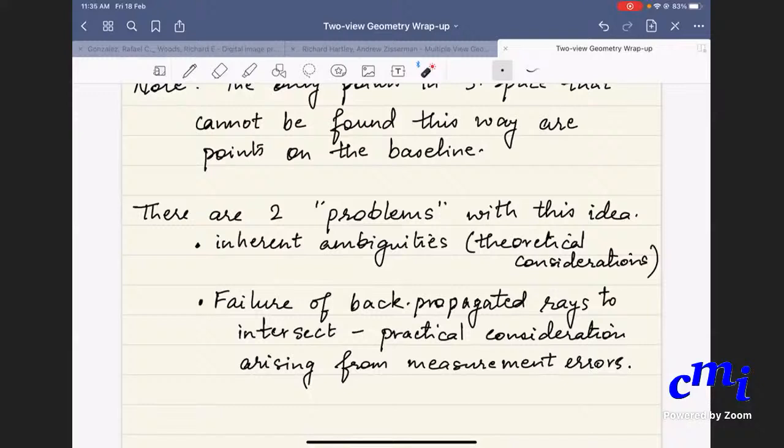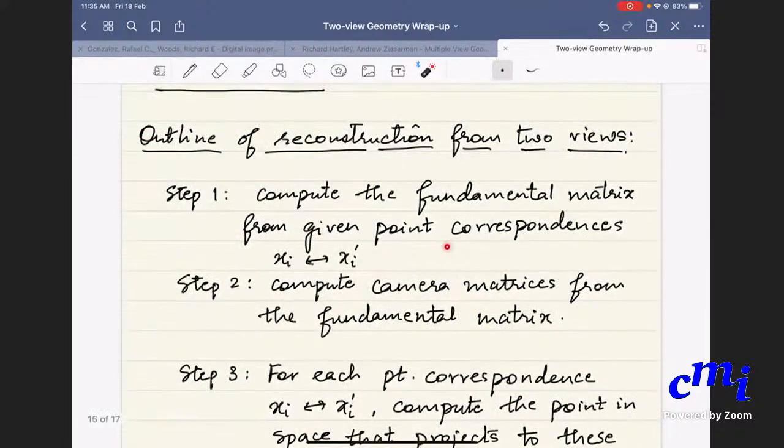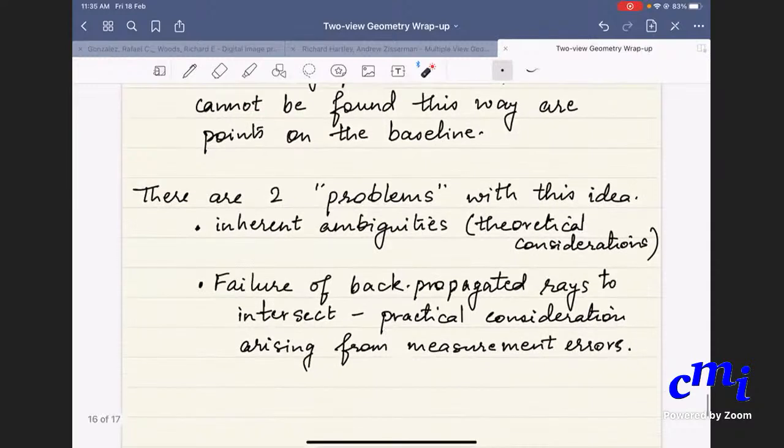But in practice, first of all, you're doing all this with given point correspondences. If there is any error in measurement here, then that will lead to the back projected rays not intersecting. They will be skew and will not intersect. The other thing is that these are all numerical computations, done in floating point arithmetic.